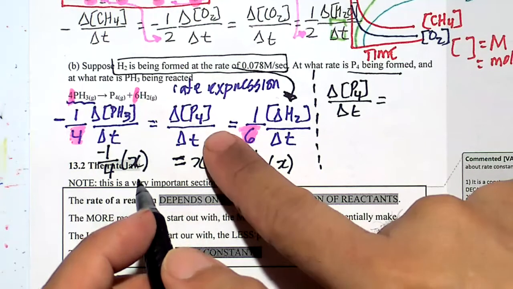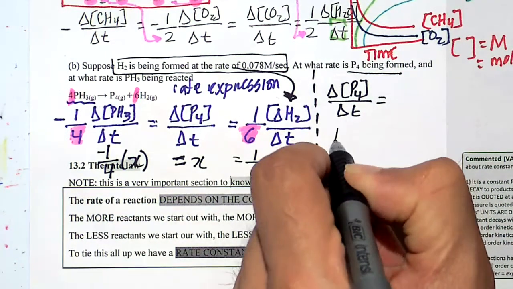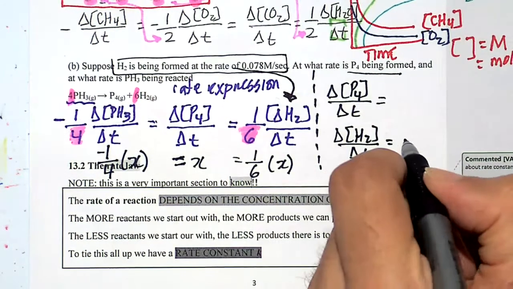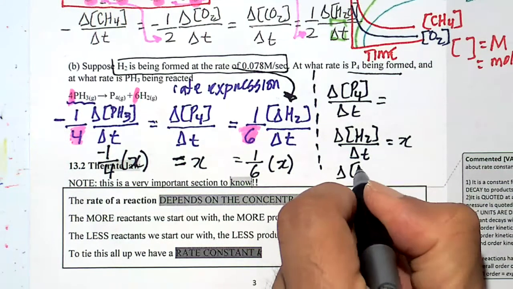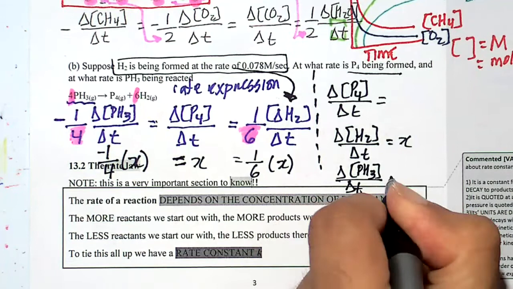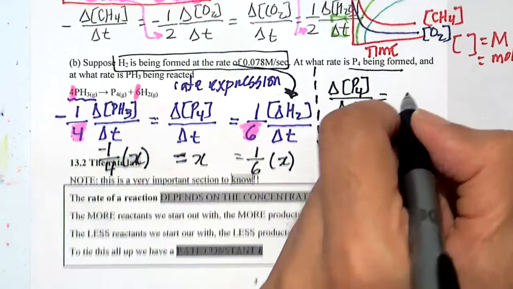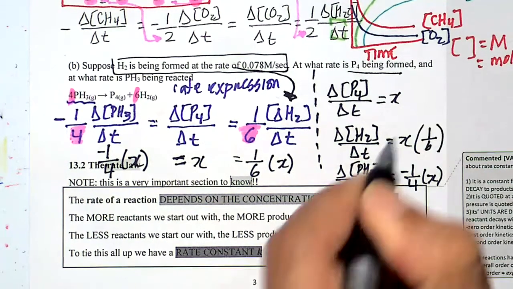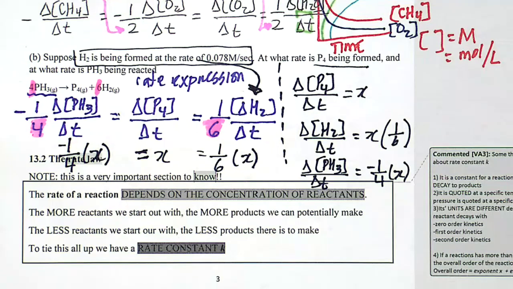So the change in concentration of P4 over time is actually X. The change in concentration of H2 over time is 1/6 X. The change in concentration of PH3 over time is minus 1/4 X. This is P4 over time equal to X. H2 over time is 1/6 X. X, minus 1/4 X for this, X for that, 1/6 X for this.